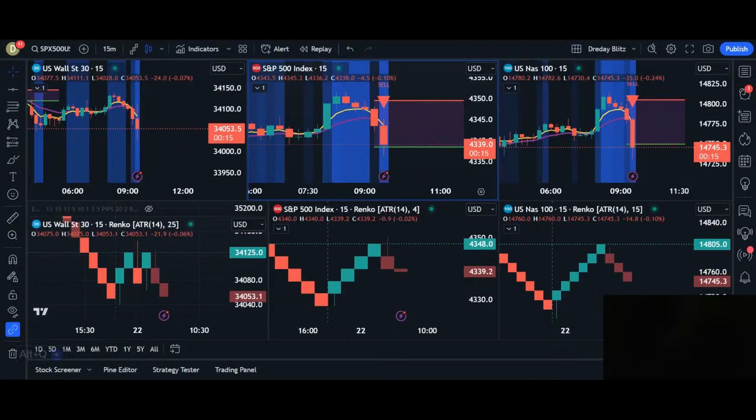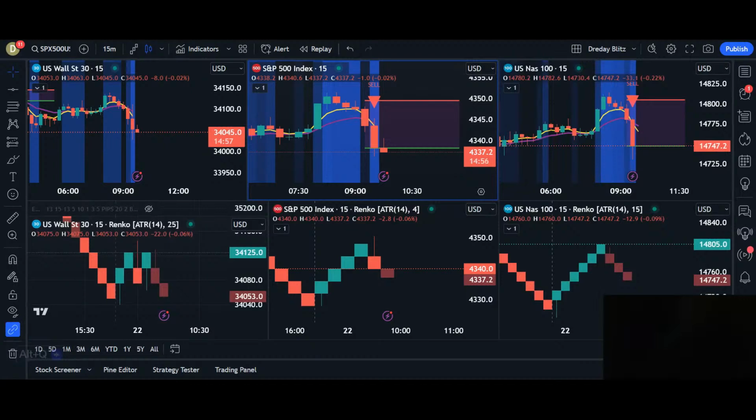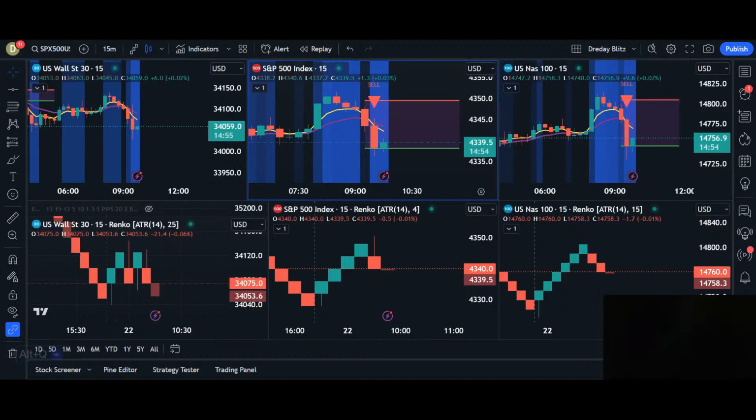I'm just going to look at what the forecast was. We still have 10 seconds. So the forecast was... waiting for a second. So four.